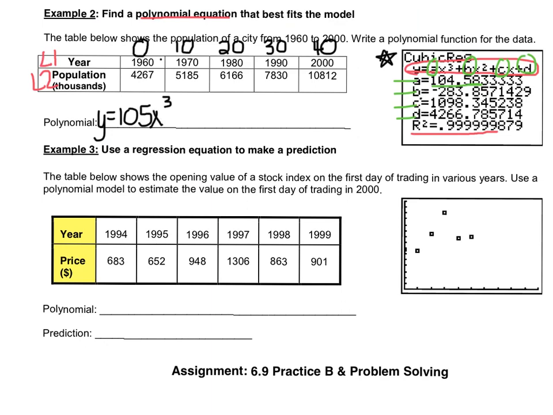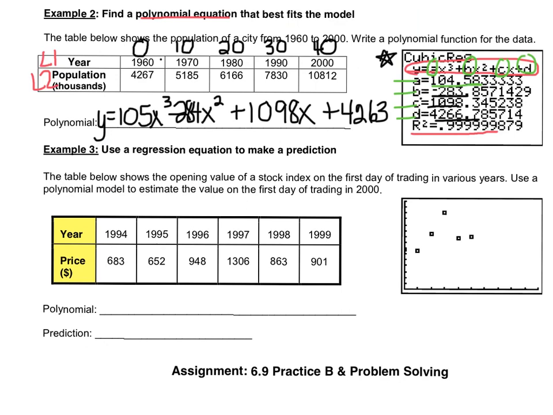The next one, b, is negative. Let's round it to minus 284x to the second. C, let's leave it 1098, it's positive, so we'll put plus 1098x. And the constant will round to 4263. And that's it.